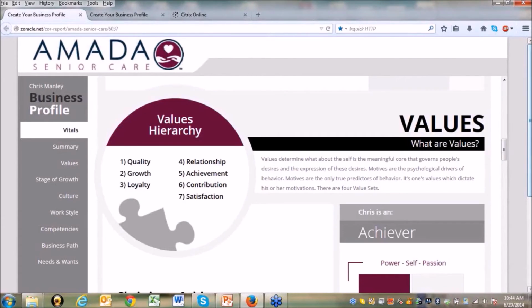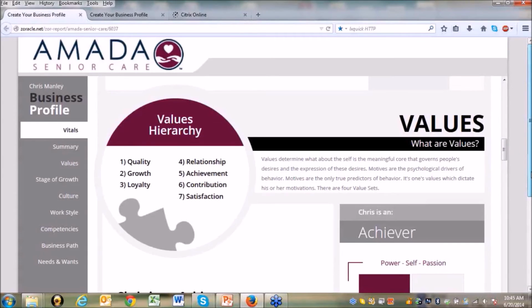Growth, loyalty, relationship, achievement. So this is someone that's an achiever, so he will be operating from all the values I showed you just a minute ago, but then these are his most important. Some of them are, ironically, not achiever values. Doesn't matter. This is who he is.